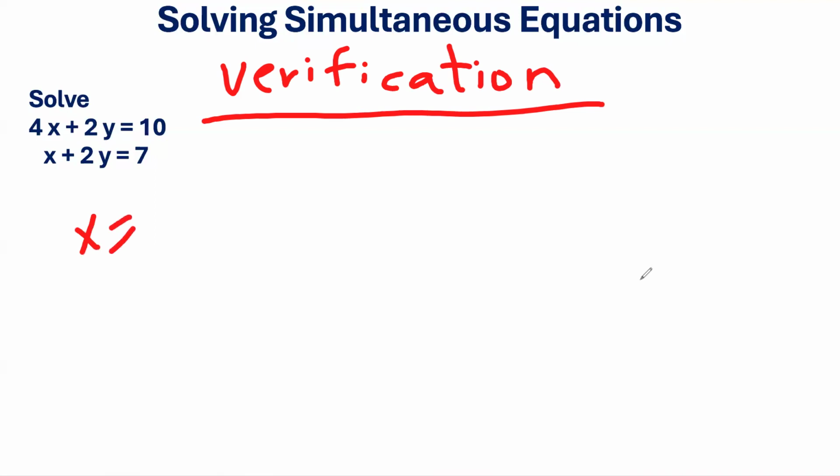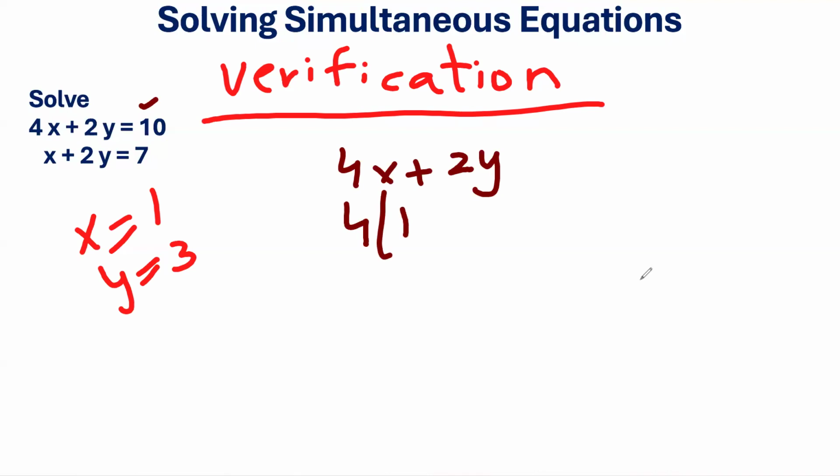X is equal to 1 and y equals 3. Let's substitute in equation number 1. 4x plus 2y. Right? We are substituting in the left-hand side of equation number 1 and we should get 10. 10 is the right-hand side. X equals 1. What is the value of y?